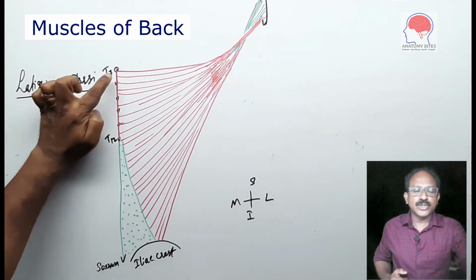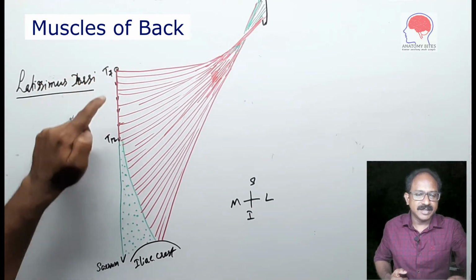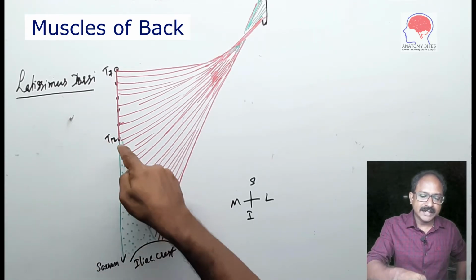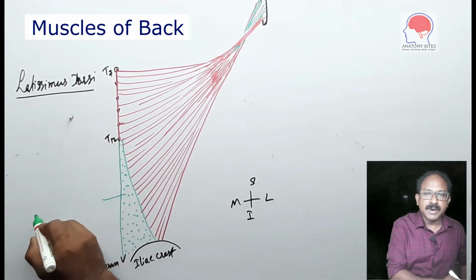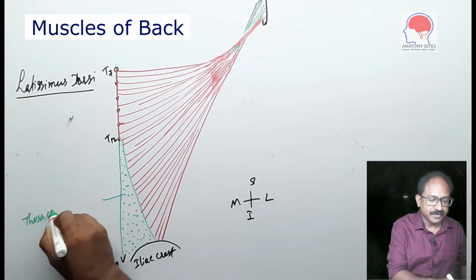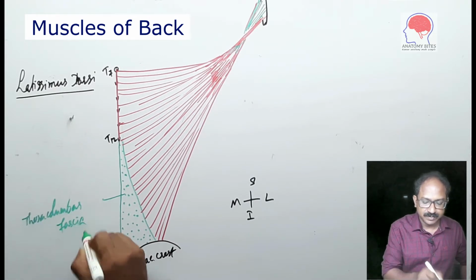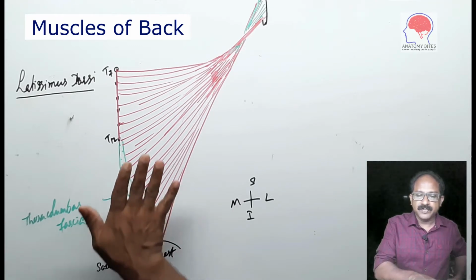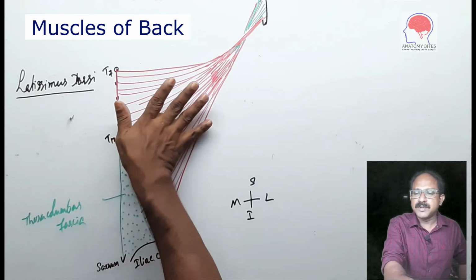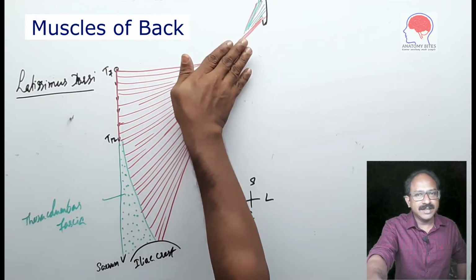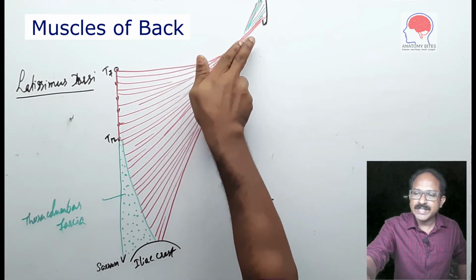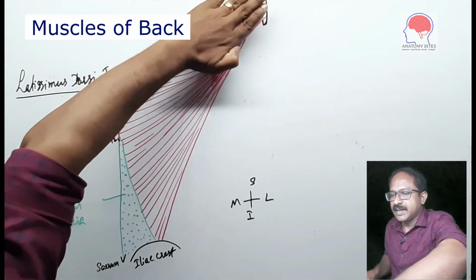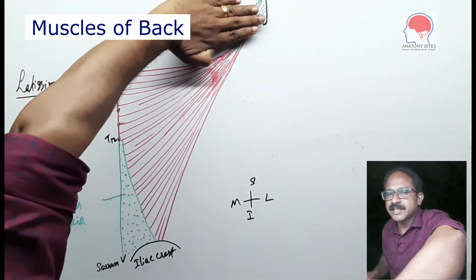You can see the origin of latissimus dorsi from T7 to T12 spines, and from the lumbar region indirectly from the thoracolumbar fascia. Few fibers arise directly from the iliac crest, and all the fibers converge laterally and upwards. On reaching the posterior wall of the axilla, there is a muscle named the teres major.